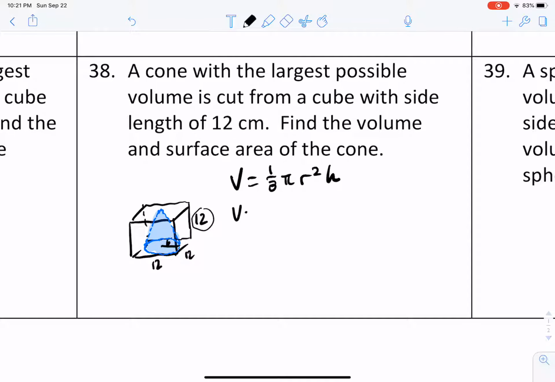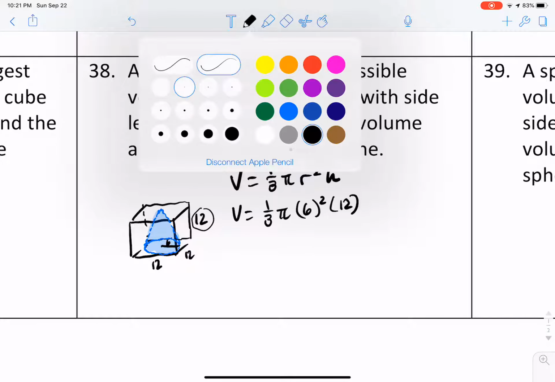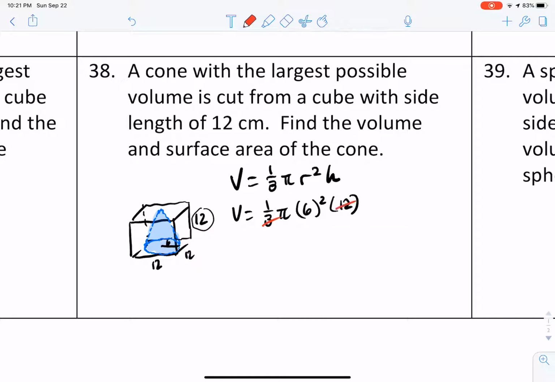So let's put all our numbers together. The volume should be 1/3 pi, our radius is 6 squared, multiplied times our height of 12. Then I'm going to cancel this 3 into the 12, common factor, and we have a 4 left over. 6 squared is 36.